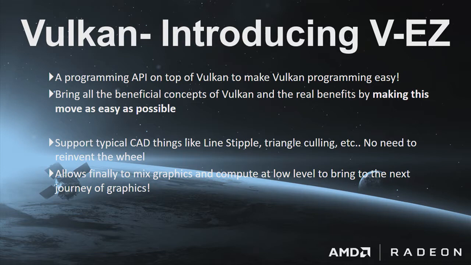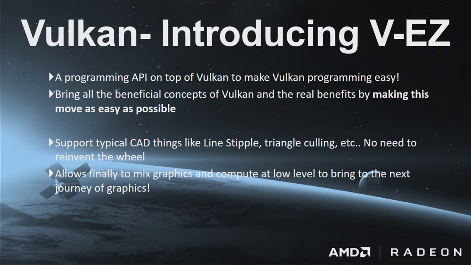And this is the next step for pro applications and graphics engines to move to this low-level API, to be able to take advantage of all the performance of the hardware and to release all the performance and realism that you need in your viewport.